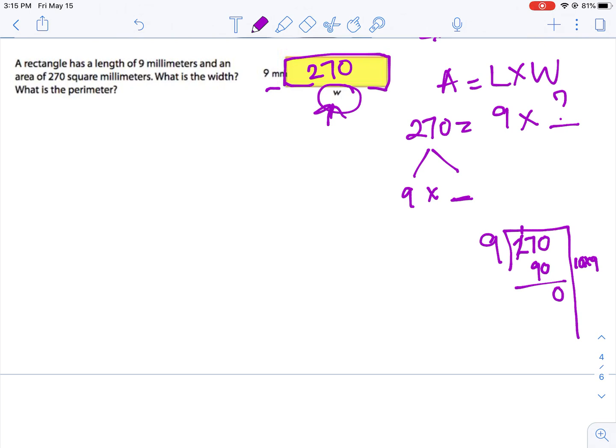So we're going to borrow from here. That becomes an 8. And we have 18, so we have 180. Let's take out another 10, which is 90. And so we have 90 left over.